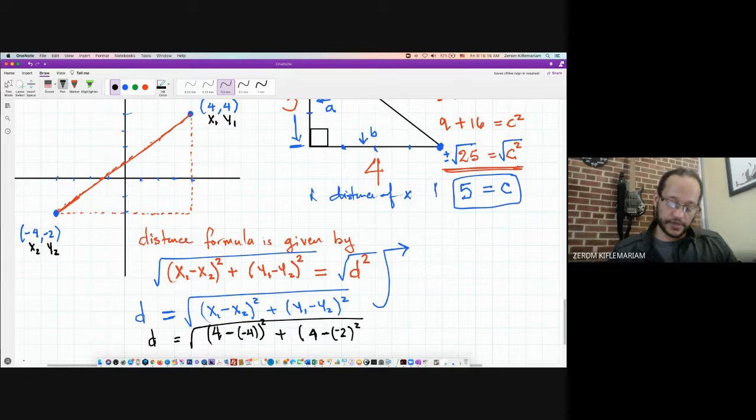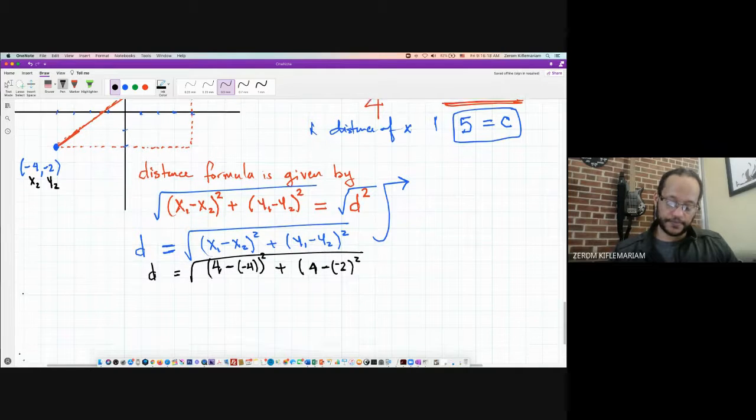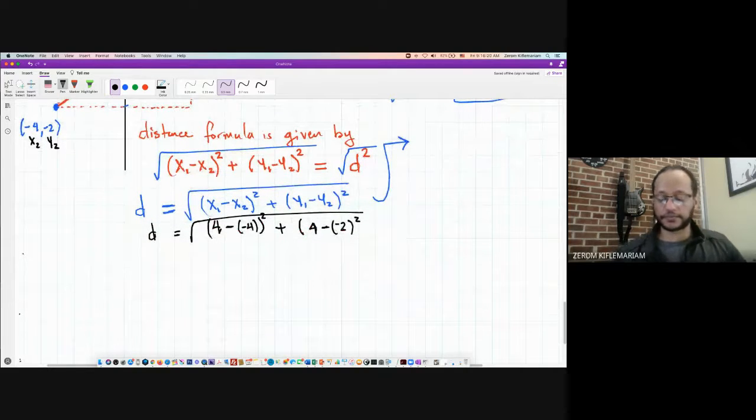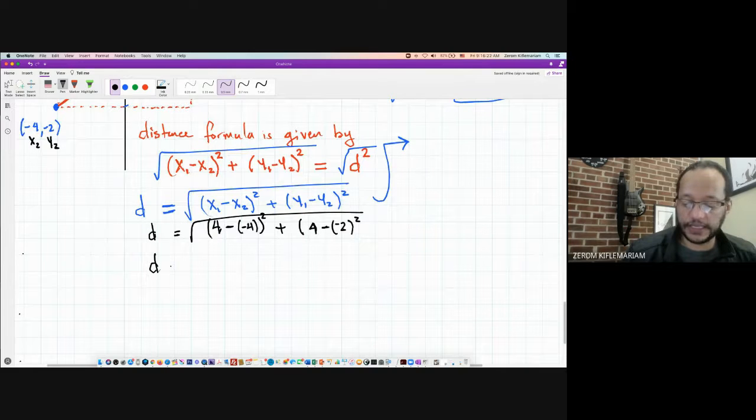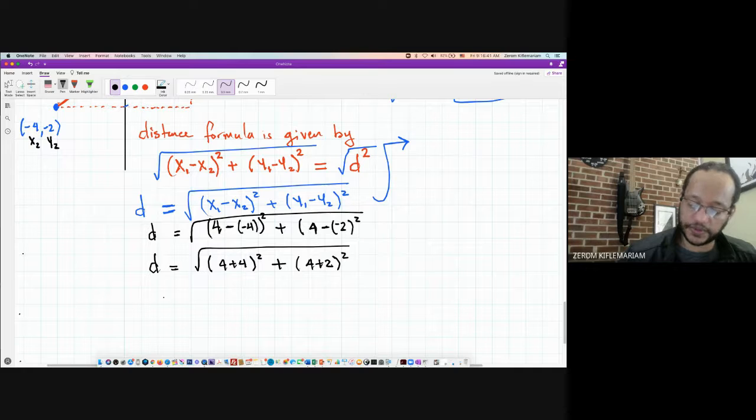So let's give ourselves a little room. Okay, so d is equal to 4 minus negative, negative becomes positive. So it's going to be 4 plus 4 squared plus 4 plus 2 squared, everything under the square root.